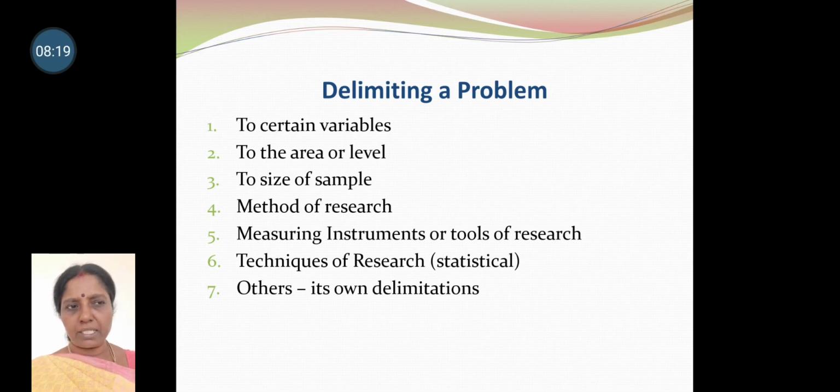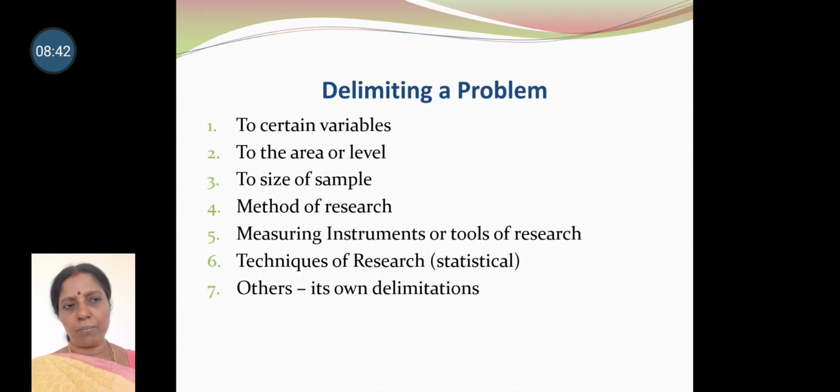Then techniques of research, that is, the statistical techniques you are going to apply for your research, that also you have to decide, the descriptive or inferential. And in both the ways we can select some of the descriptive and some of the inferential statistics. So what are all the statistical applications you are going to do in your research, that you have to decide.